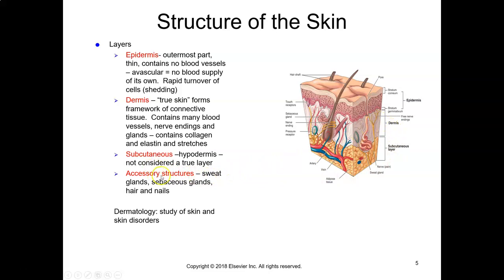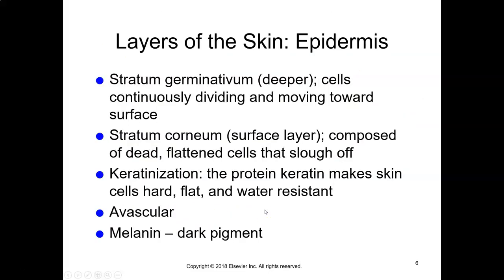You have the accessory structures, which we just talked about: the sweat glands, the sebaceous glands, the hair and nail. If you talk about dermatology, ologies mean the study of. So you have dermatology, you'll hear cardiology. All these ologies are the studies of, and derma is the skin and skin disorders.